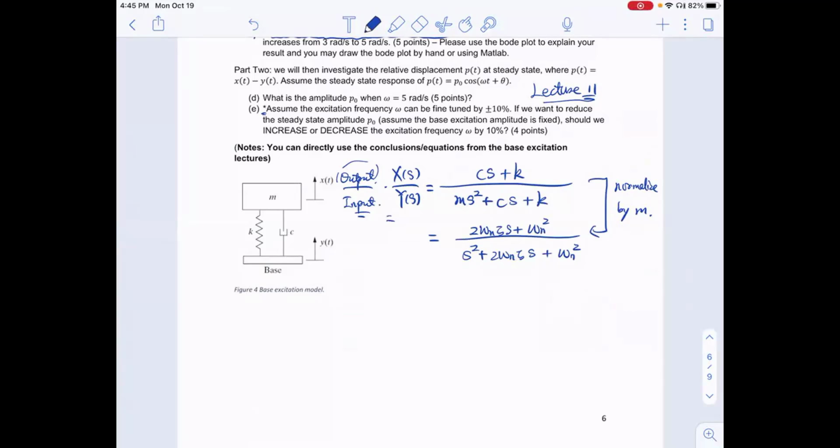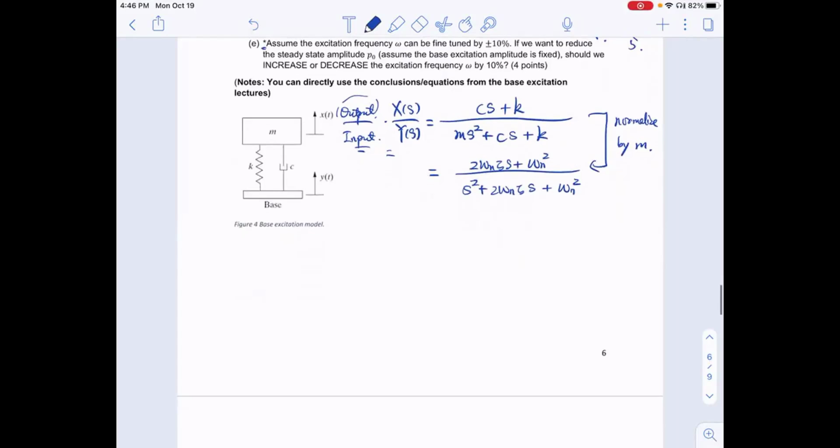I don't want to confuse you anymore. Is it lecture 11 or 10? Okay. All right. So yeah, it's actually lecture 9. So lecture 9, slide 5. You're going to find the transfer function over there.